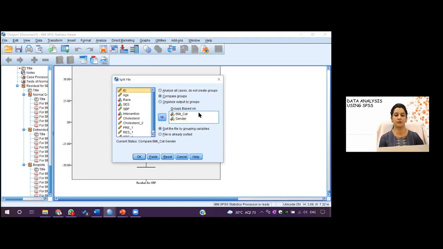The basic purpose of splitting is that you are creating cells. If I don't create, it is like this. But if I select analyze output by groups, there is one more option of compare groups that we use at some other place. I'm not telling you that now. Here we organize output by groups, meaning it will create that many cells like BMI category and gender.